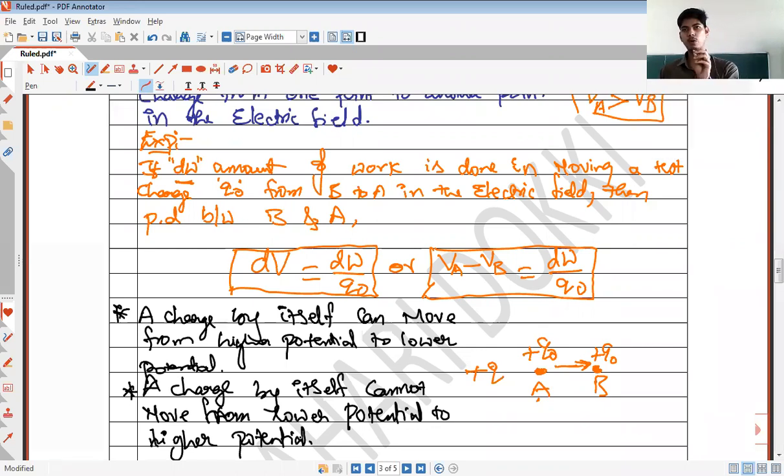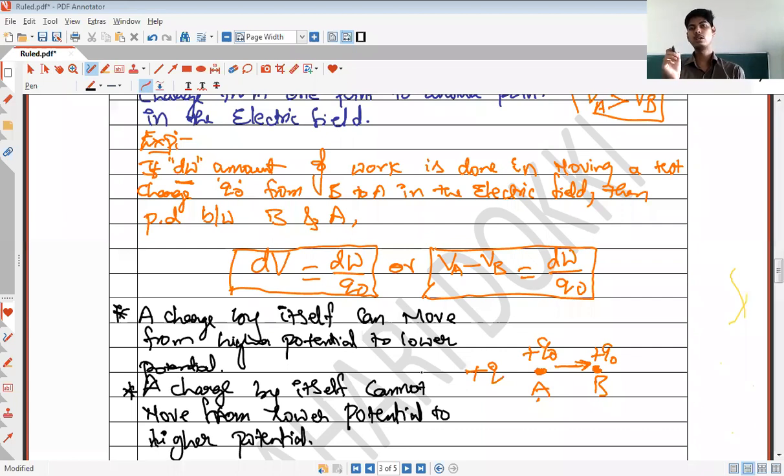So it becomes important to see whether the charge is at higher potential or lower potential, right? So this is regarding the idea of potential difference. A charge moves from higher potential to lower potential on its own, and in order to move a charge from lower potential to higher potential, you will have to do work.